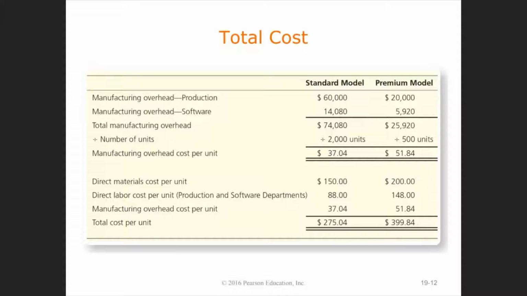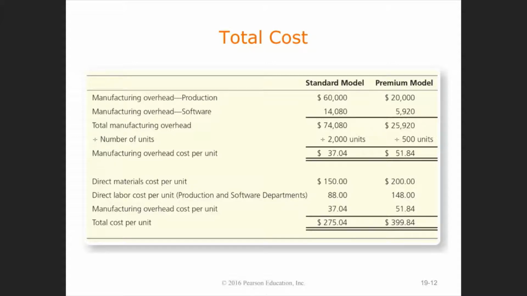When we look at the premium model, we have 20,000 in production manufacturing overhead. We have 5,920 in our manufacturing overhead software. That is going to give us 25,920 total manufacturing overhead.